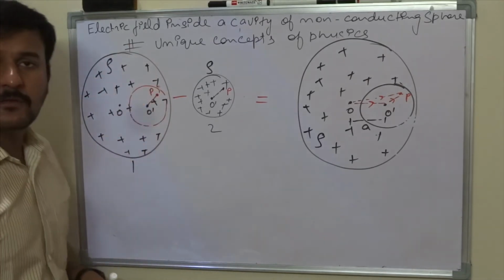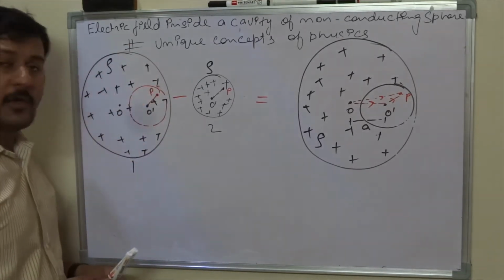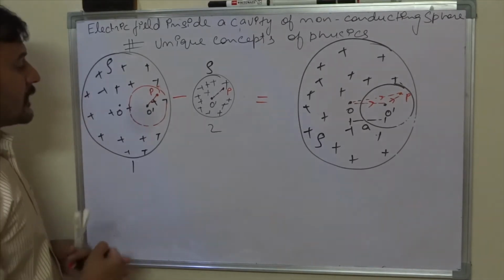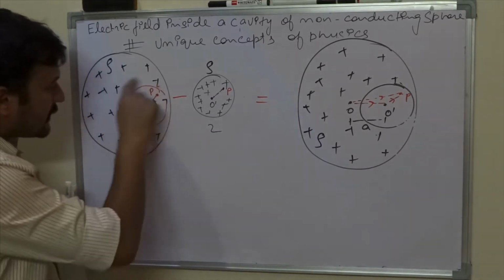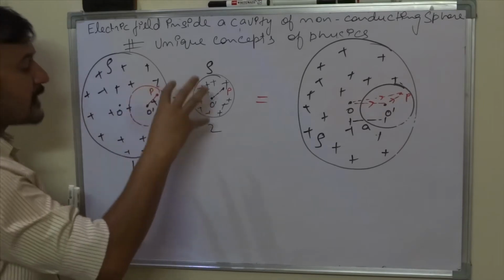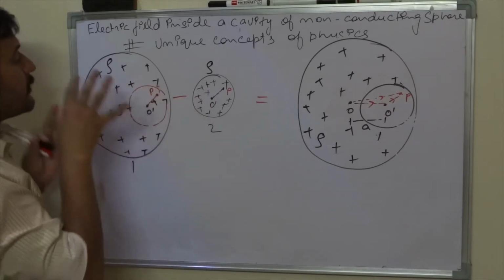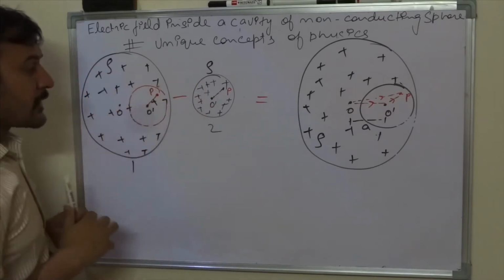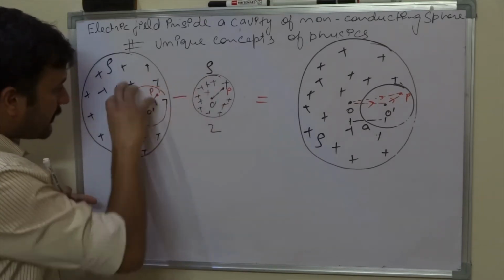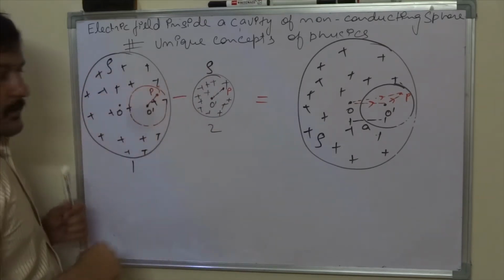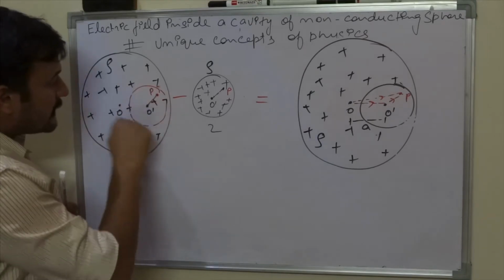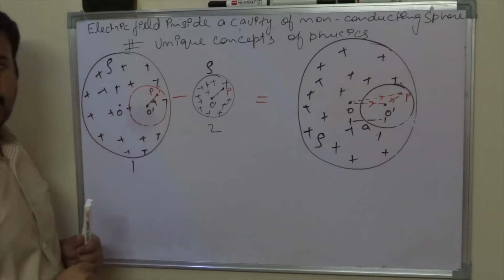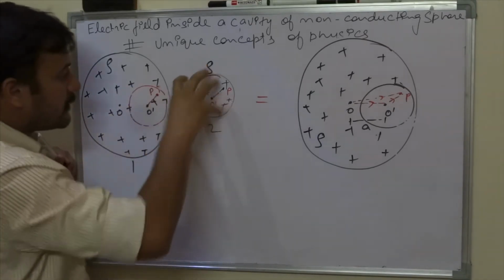I've already drawn the diagrams to save time, and this is the first sphere, a big sphere whose charge density rho is uniform, and I have already encircled the area which I would remove. I have not removed that sphere yet, but I would remove it from here. There is a point P inside this area, and now I have removed this sphere.